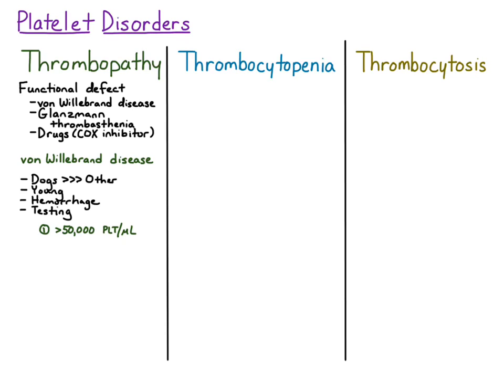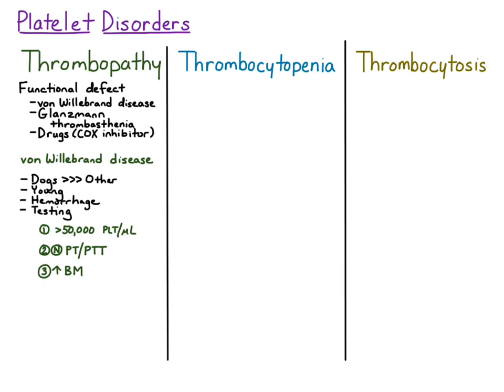So tend to see platelets normal or increased, but certainly greater than 50,000 per microliter. You also expect to see normal tests of secondary hemostasis. Those secondary hemostasis tests are PT and PTT, and you'll learn more about those tests in subsequent videos.